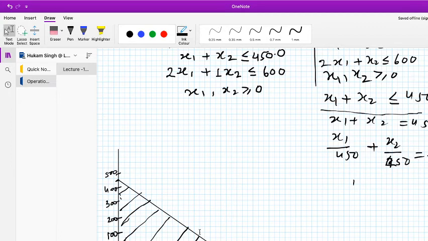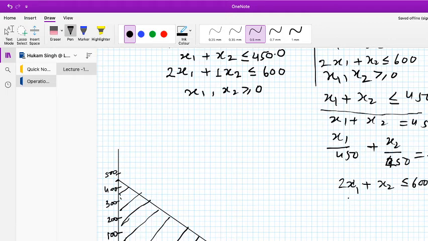Now let us plot the second constraint. The second constraint is 2x1 plus x2 less than or equal to 600. Again, forget about the inequality sign and convert this constraint into the standard line equation.